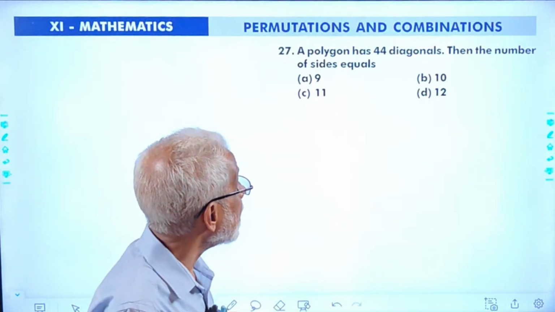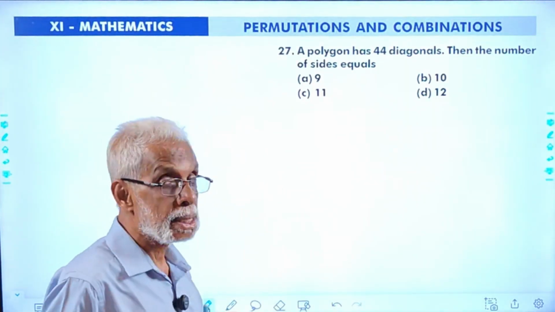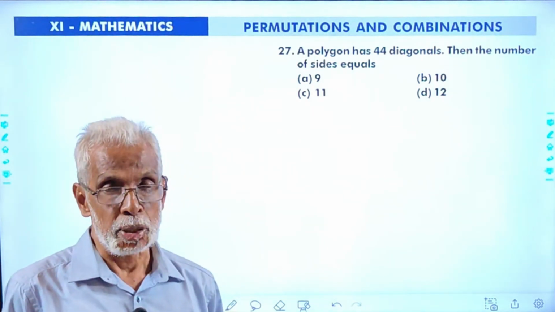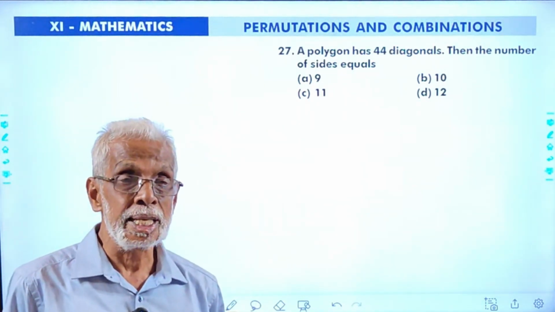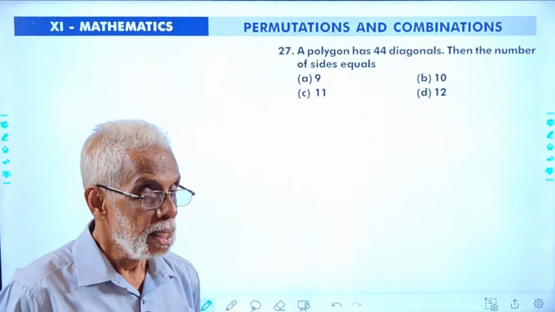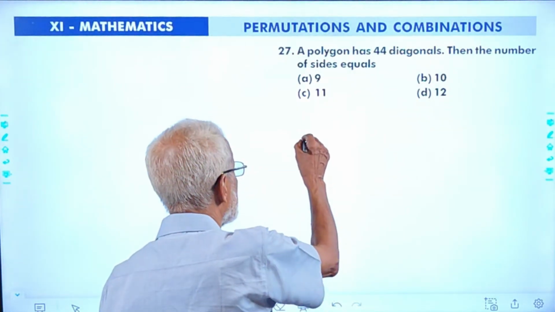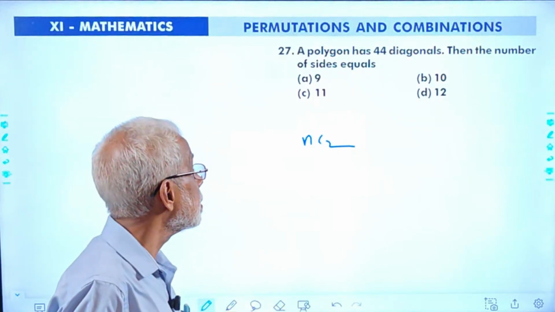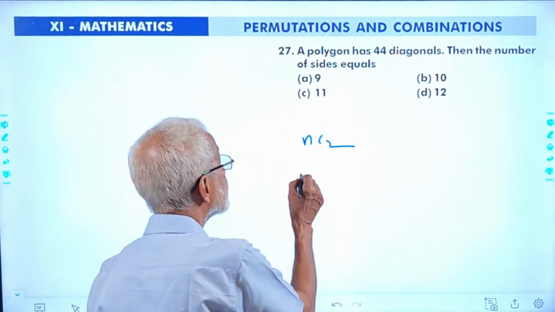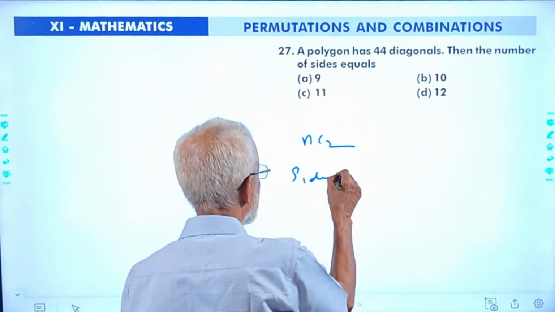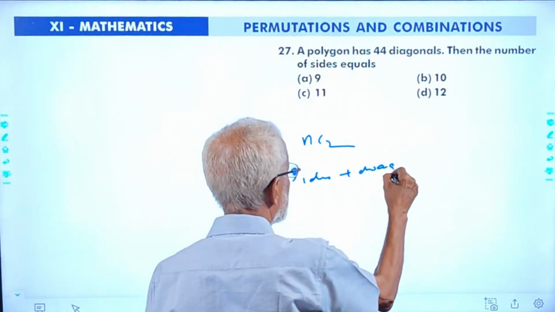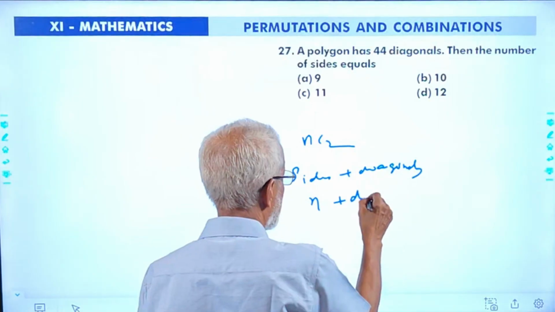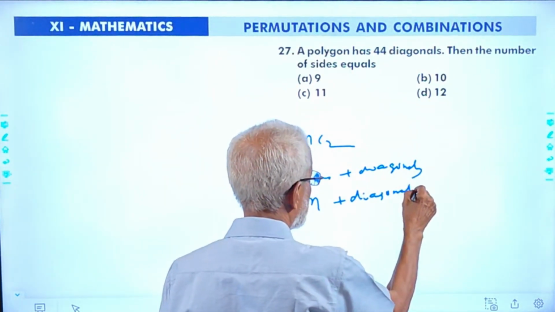A polygon has 44 diagonals. Then find the number of sides. We can take the number of sides as n, then the number of vertices will also equal n. Joining 2 points will give either a side or a diagonal. Therefore, the total number of line segments obtained by joining n vertices is nC2. nC2 is equal to sides plus diagonals. Sides n plus diagonals equals nC2.